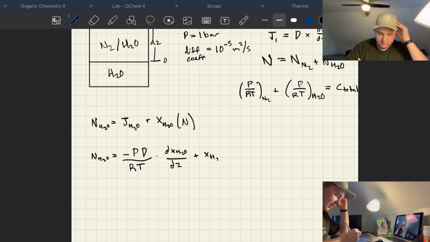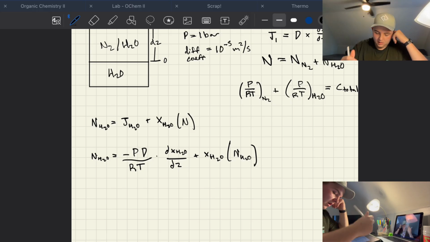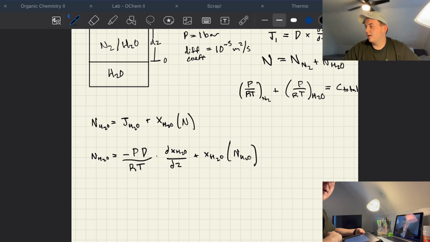And then plus the rest, which is xH2O times N, which is NH2O plus N2, which is 0. So we'll just have NH2O. Okay, looks pretty good right now.